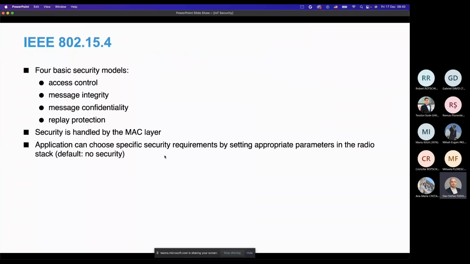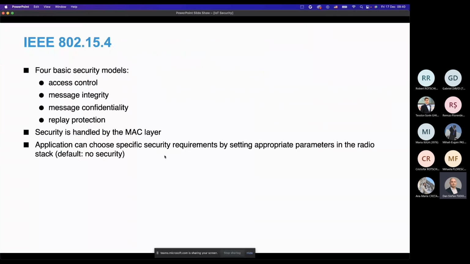Okay, now coming back to some of the protocols that we've talked about in our previous lecture, IEEE 802.15.4 and Zigbee. Let's see what security methods they employ.